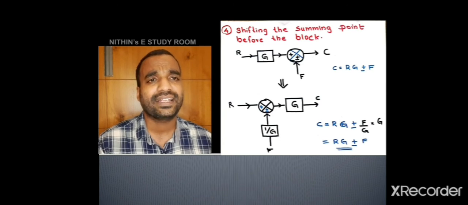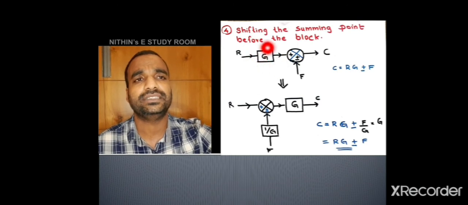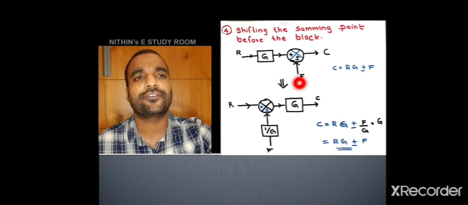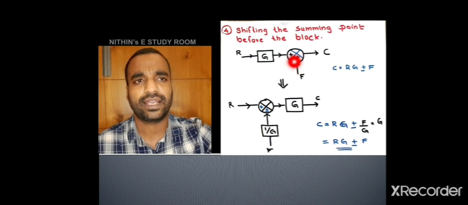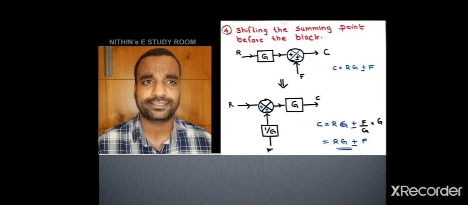So we can see here R is the input and it is multiplied with a gain block G, and this RG is summed with F, plus or minus, because I have marked here plus or minus. It may be plus or minus, whatever.